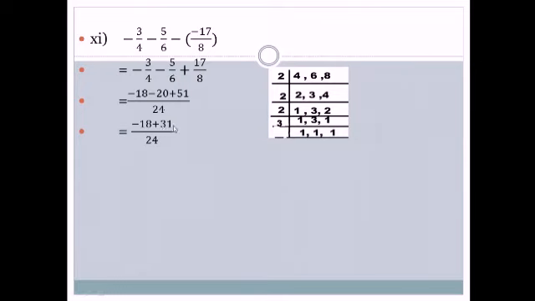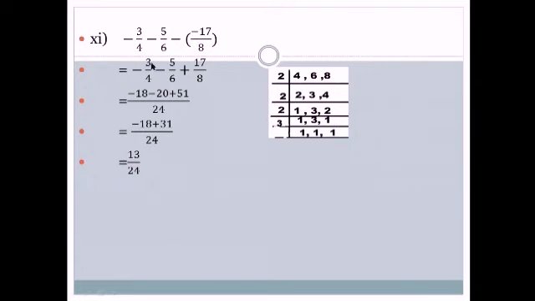So 31 minus 18, you get 13, but the greater number is 31, 18 is the smaller number, so you put the greater number's sign, so plus sign. But whether you write the plus sign or not, you just write the simple number 13 over 24, both having the same meaning. So this is the required answer.